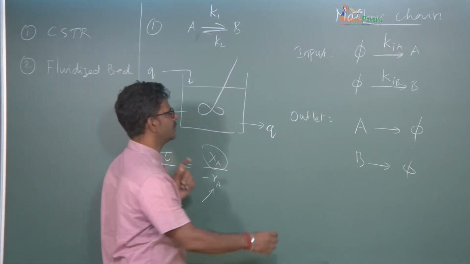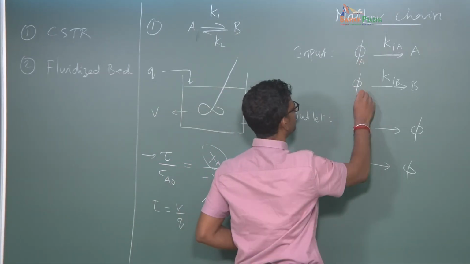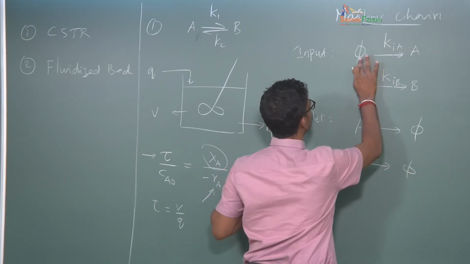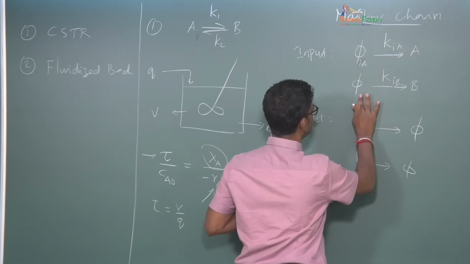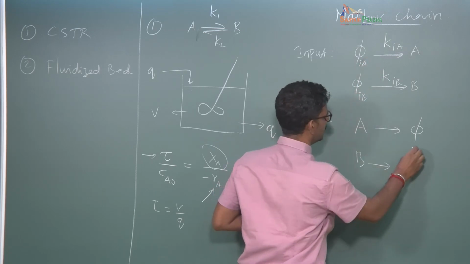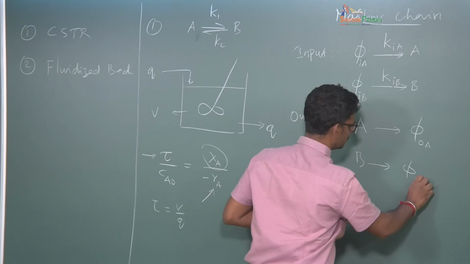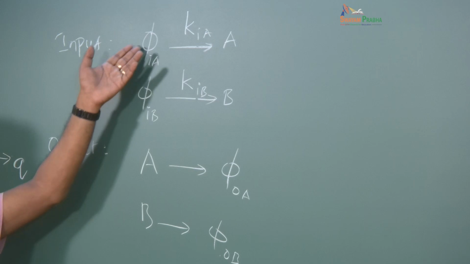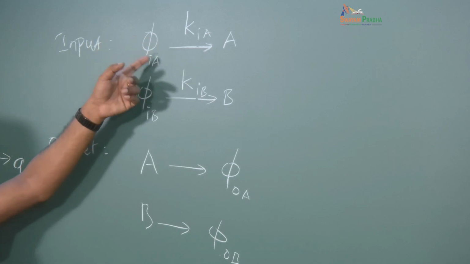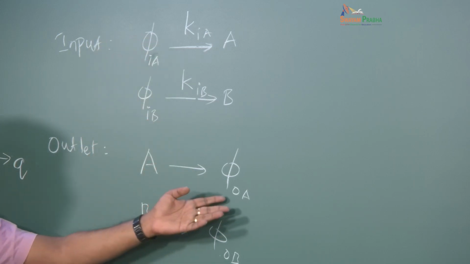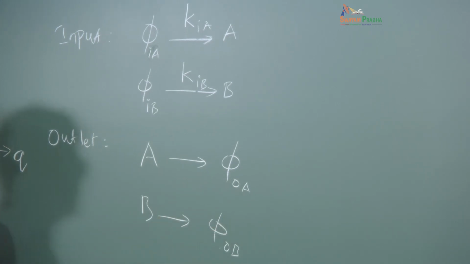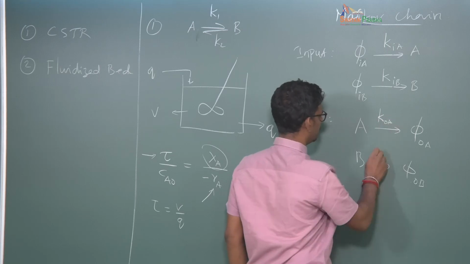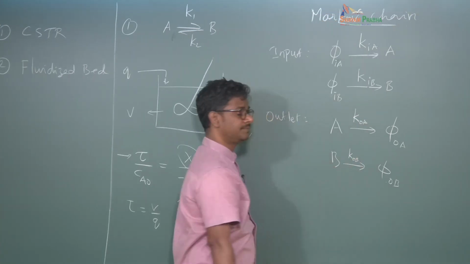Just to distinguish, if you want to be really careful about this, this is like a state created with IA, state created with IB, state destroyed with OA and OB. So here again you have constants like KOA, KOB, etc.